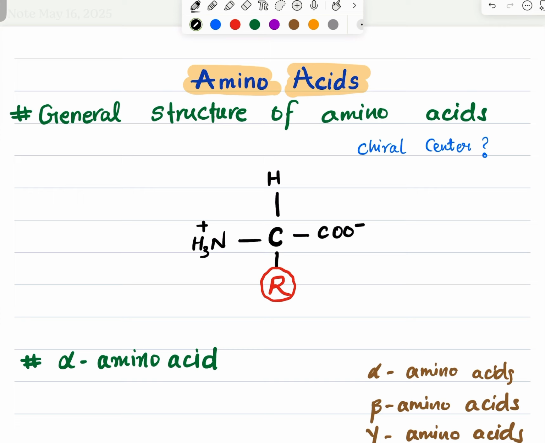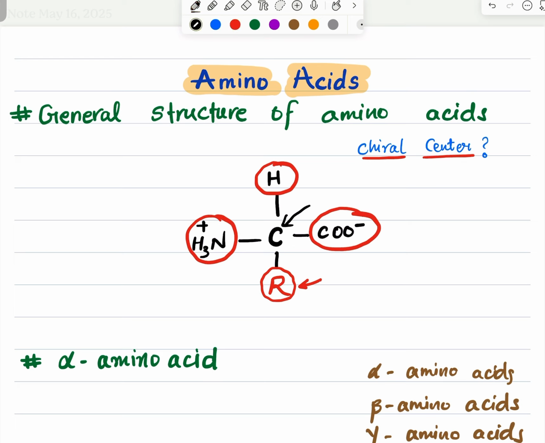Every amino acid is made up of 5 different components, and the center has a carbon which is attached to 4 different groups. So we have a hydrogen, an amine group, a carboxyl group and an R group attached to that. When a carbon is attached to 4 different groups, it is called a chiral carbon, or the center is called a chiral center.